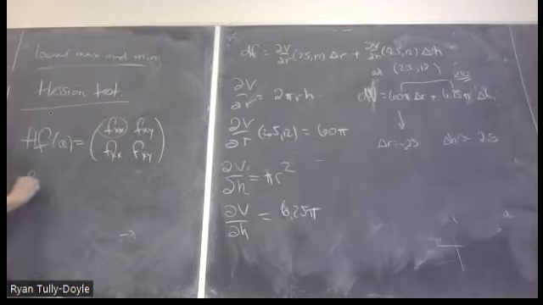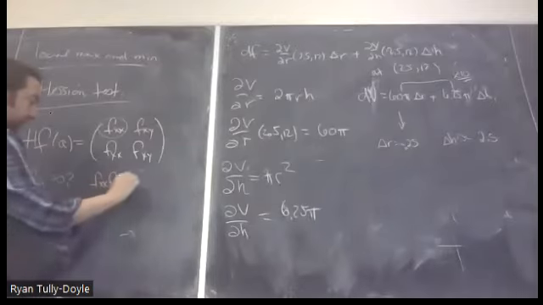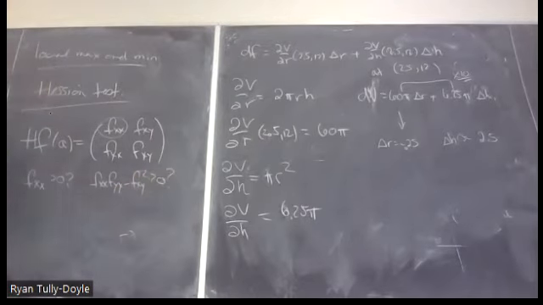So you say, okay, is fxx positive and is fxx fyy minus fxy squared positive? If they're both positive, what that really secretly means is that this diagonalized into a matrix where these numbers were both positive.